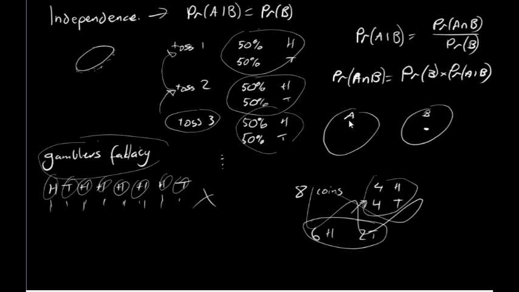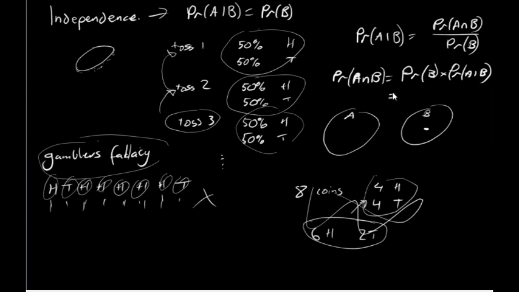So they're completely independent of each other because there's no crossover. And so if I chose B on my first go, the probability of choosing A given B is just the probability of A.